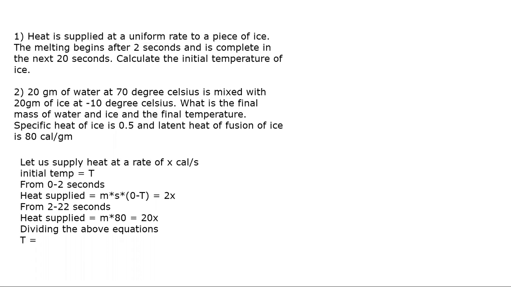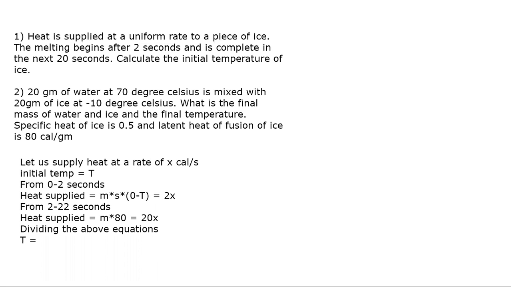So, first, let us supply heat at a rate of x calories per second, and let us take the initial temperature as T. You can also take it as minus T, but if you take it as T, there will be no issues. So from first 0 to 2 seconds, what happened? Heat was supplied to the ice to take its temperature from T degrees Celsius to 0 degrees Celsius.